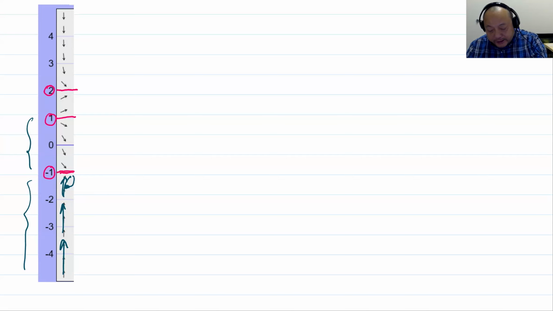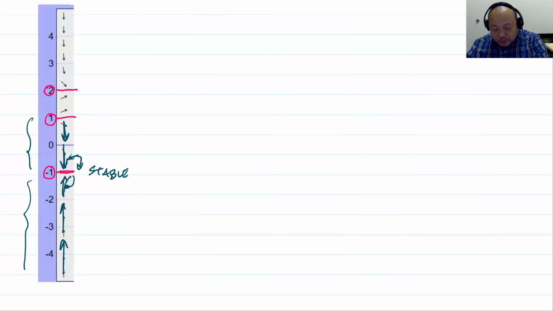Well, all the slopes are pointing down. That means if I'm off from negative 1 by a little bit, I will get sent back down to it. From below it, I got pushed up to it. From above it, I got pushed down to it. That means from both directions, I get pushed toward y equals negative 1. That means negative 1 is stable.